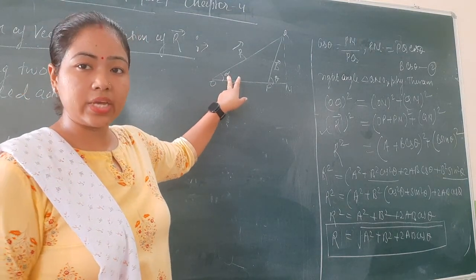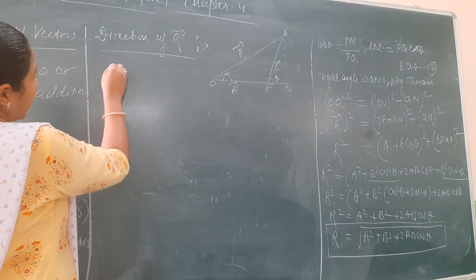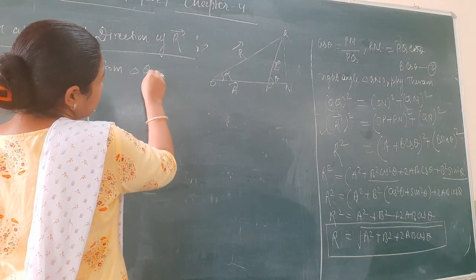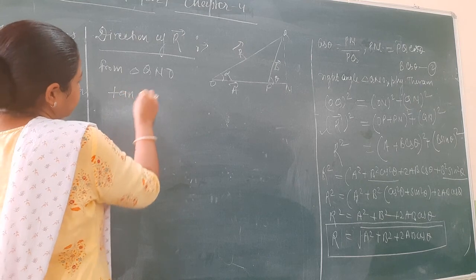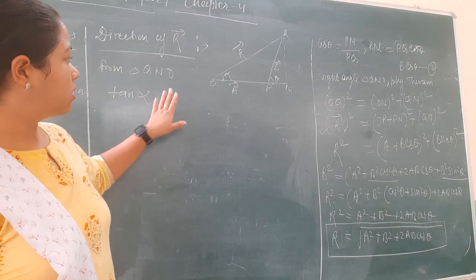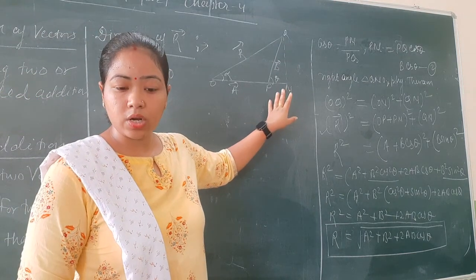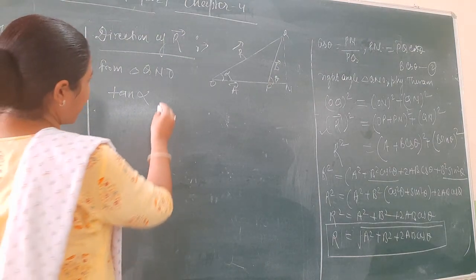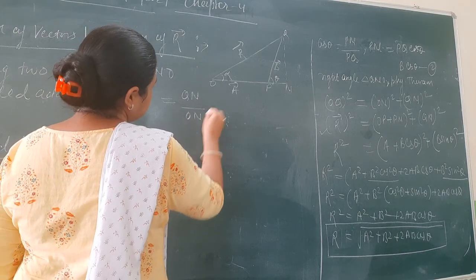So to calculate the direction, we will have tan alpha, right? So from triangle QNO, tan alpha will be equal to perpendicular upon base, right? So perpendicular is QN and base is ON.